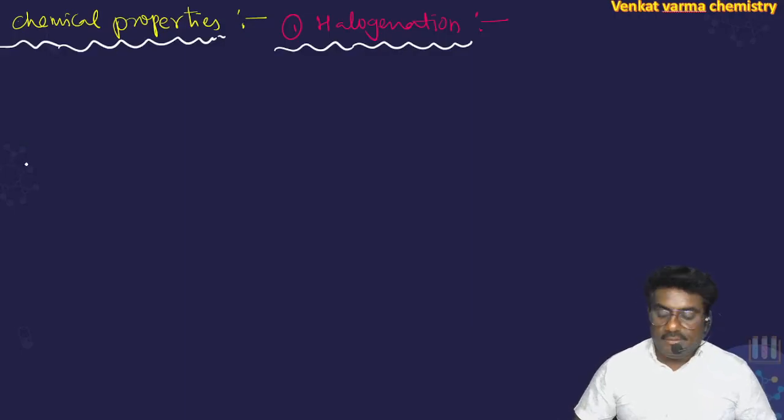During halogenation, what is the reagent used? Halogen, X2, in presence of hν, UV light.